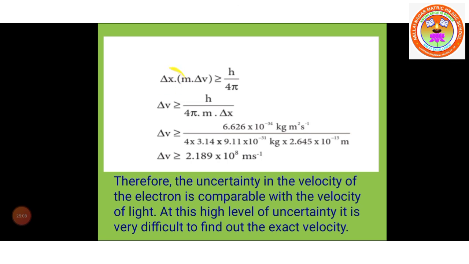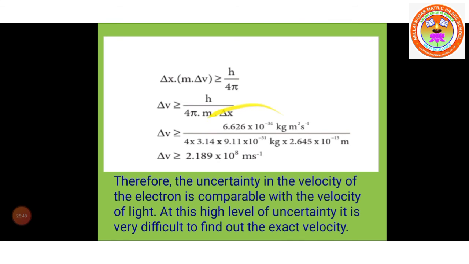Now we know the position, and we want to find the change in velocity. So rearranging this equation, delta v is greater than or equal to h by 4 pi m into delta x. Then we substitute the values.